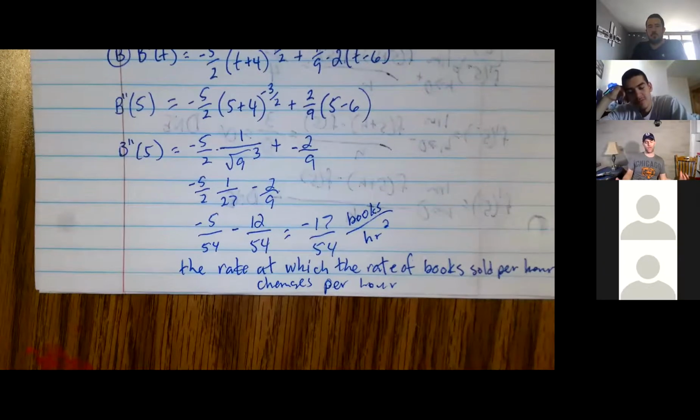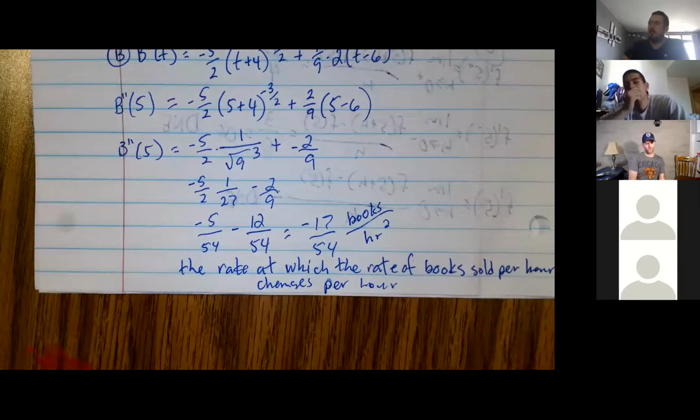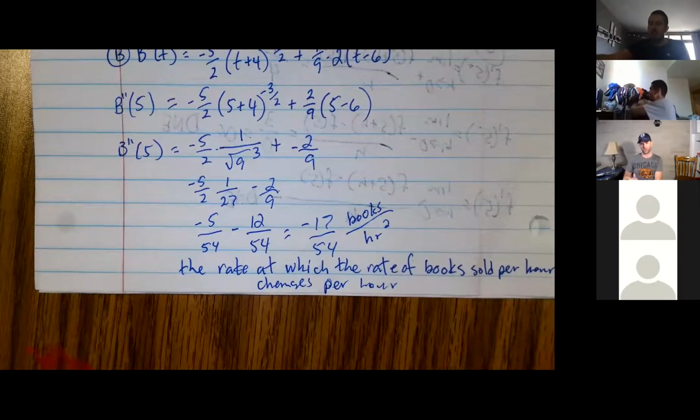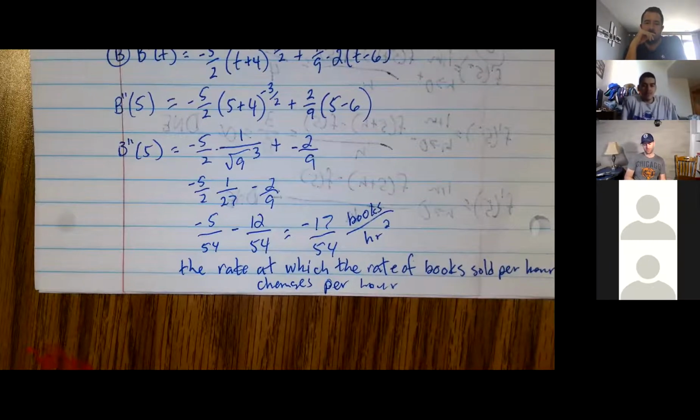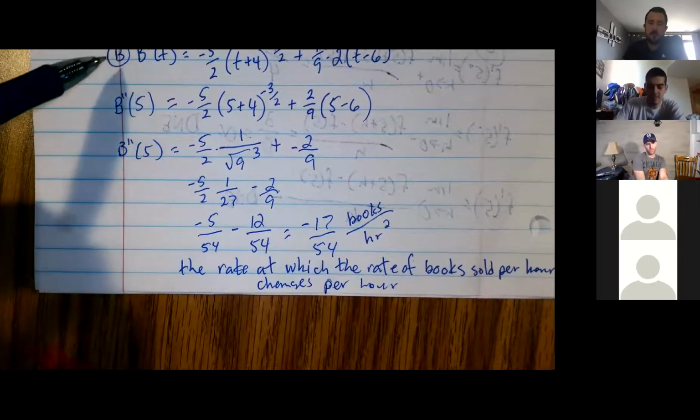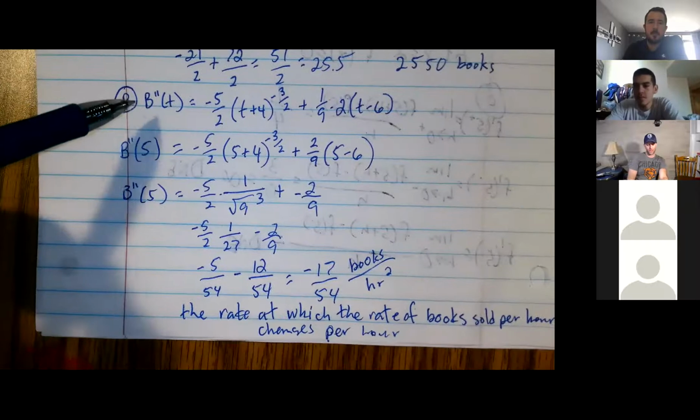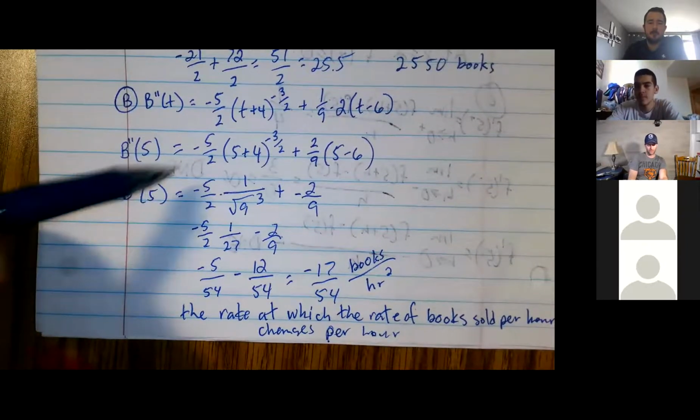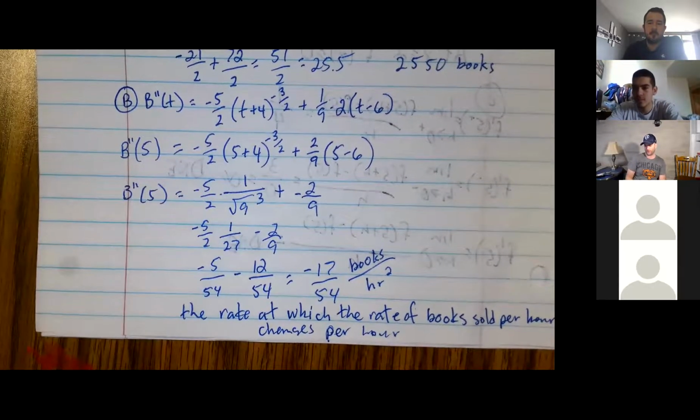So it's kind of like an acceleration. Remember, like distance, then velocity would be like meters per second, and then acceleration would be like meters per second squared. It's the rate at which the rate of change changes. The interpretation there is challenging, but it's a pretty basic problem, finding a derivative and then plugging into a derivative for 2 out of those 3 points.